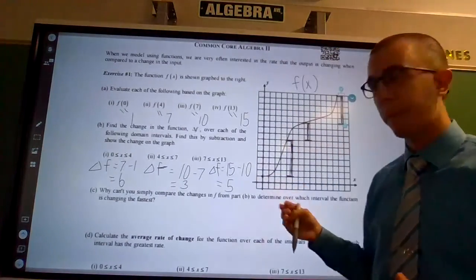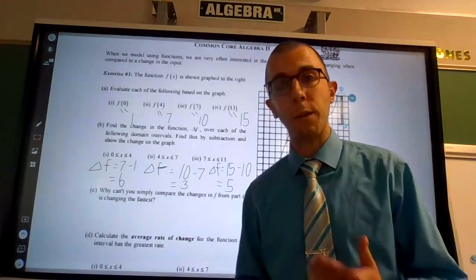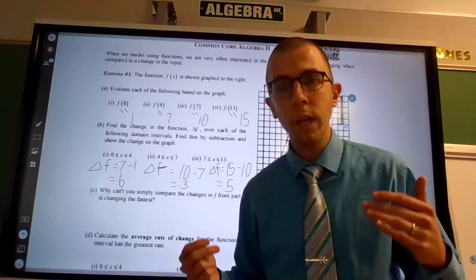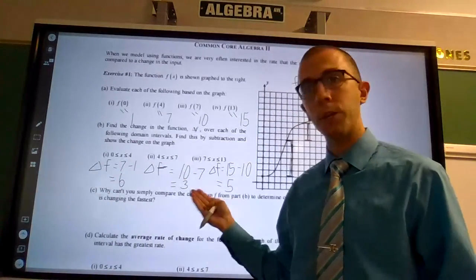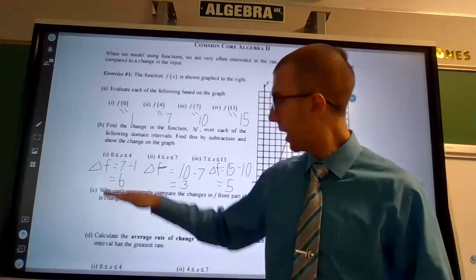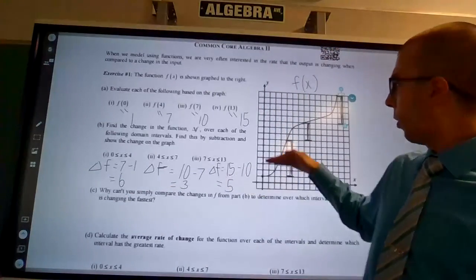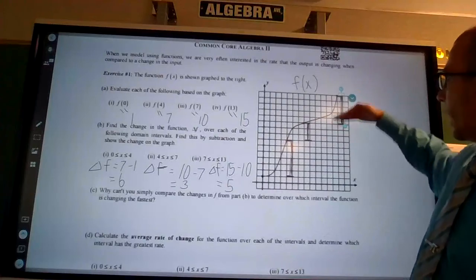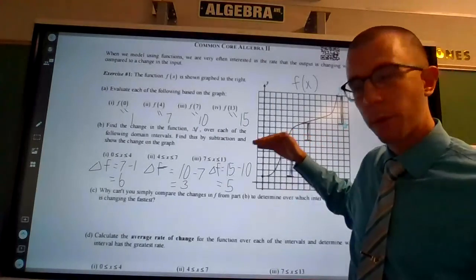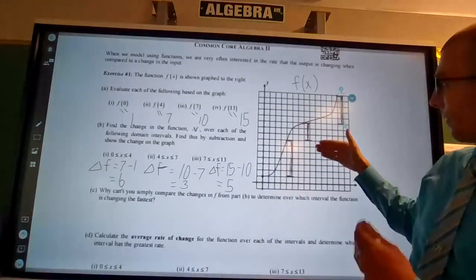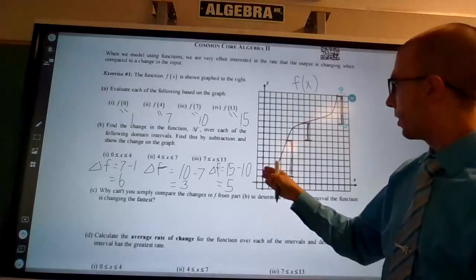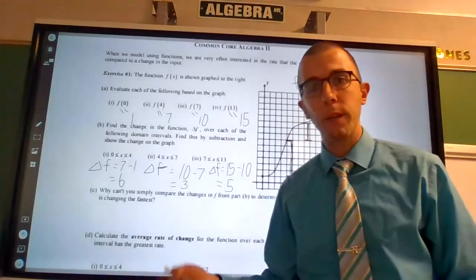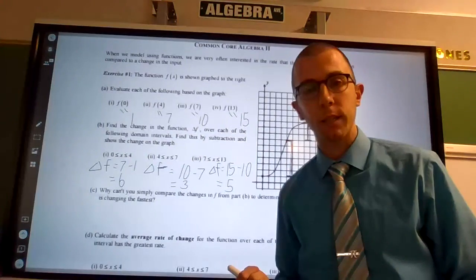If we're talking about how fast something is changing, you have to compare that change to something else. And right here, that's only taking into account the vertical change. But if you want to think of it like this, it doesn't take into account over what time that vertical change is happening.